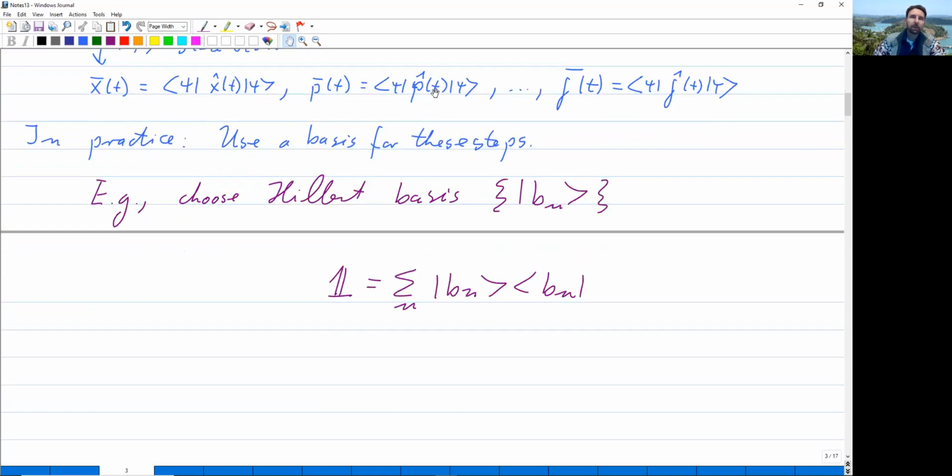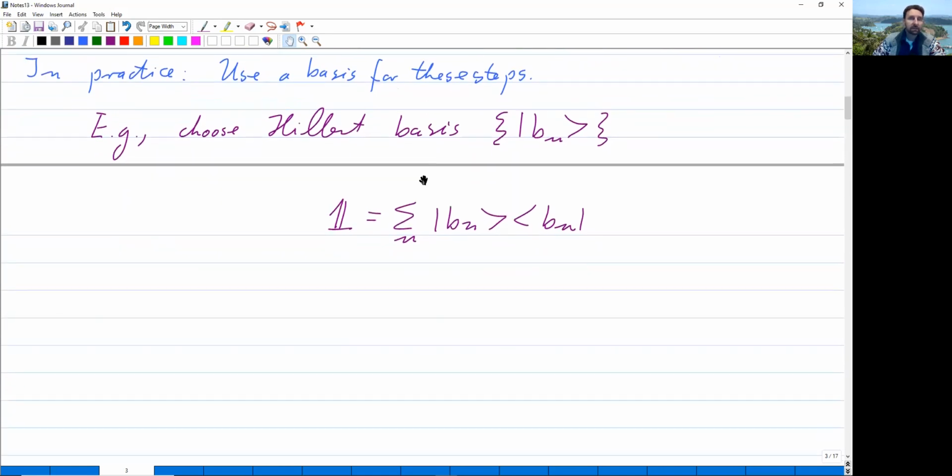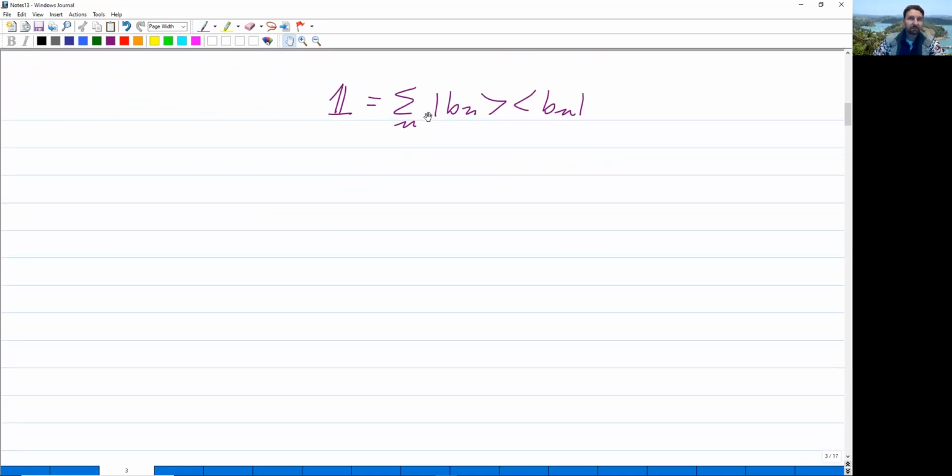So we can turn these expressions, these matrix elements, into explicit expressions where we have actual matrices, actual vectors with components to work with.